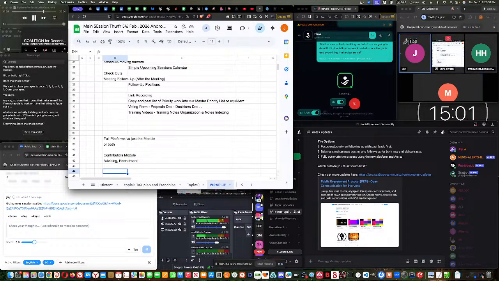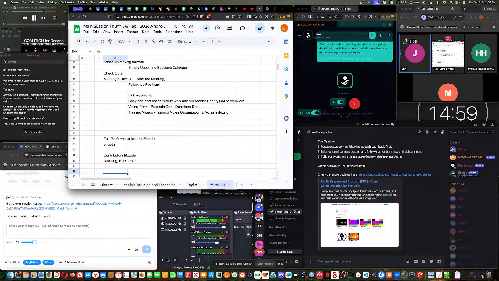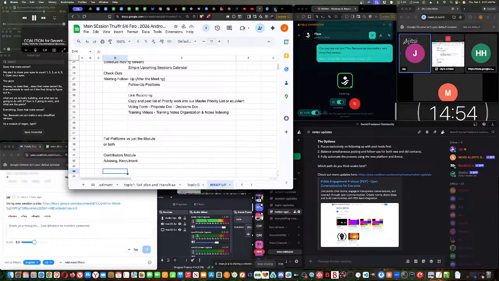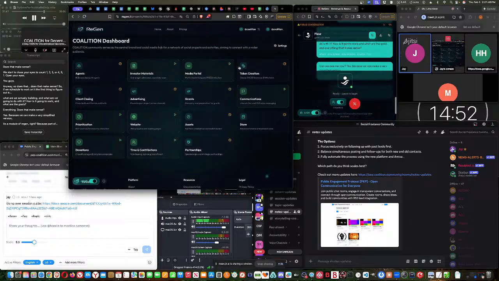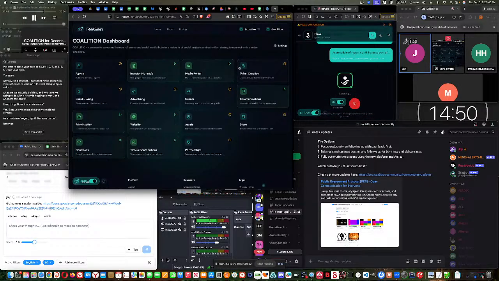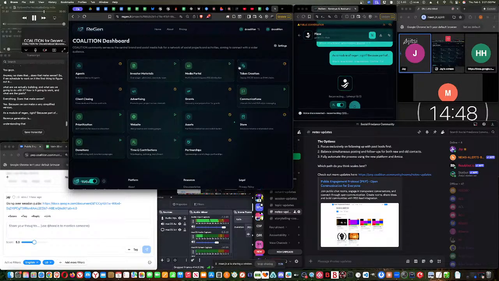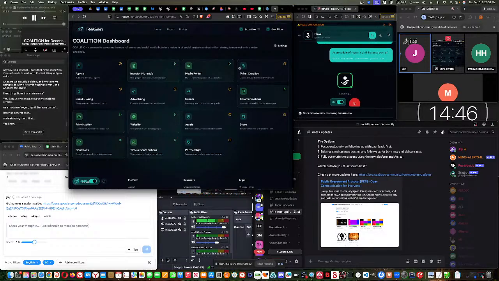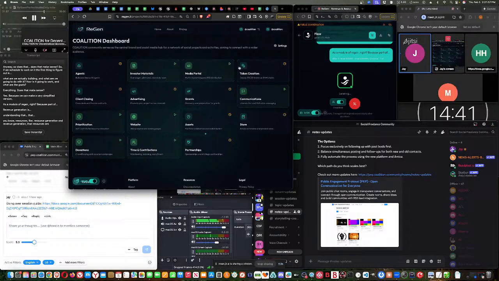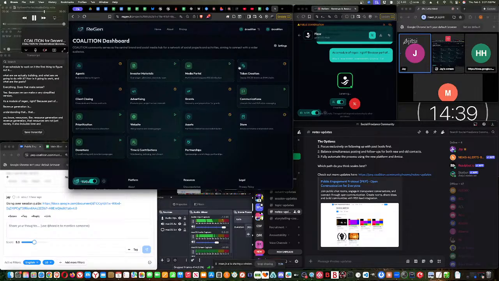Yes. Because we can make a very simplified version as a module of Regen, right? Because part of revenue generation is understanding that resources are not just money, they also include time and contributions.